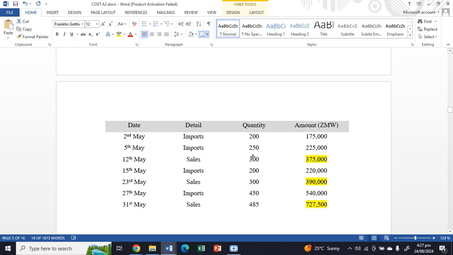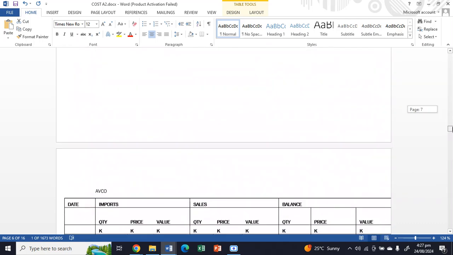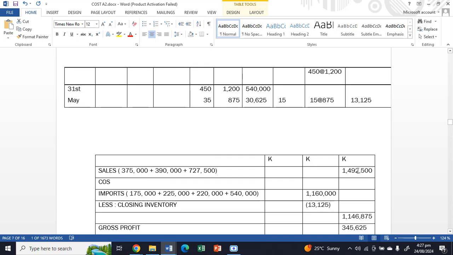When we sold 300 solar panels, we made 375,000. We sold another 300, made 390,000. We sold 485, made 727,500. So when you add these three amounts, you get the total of 1,492,500.